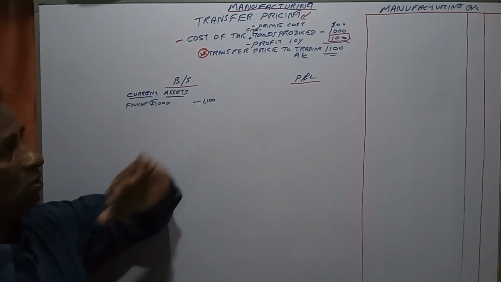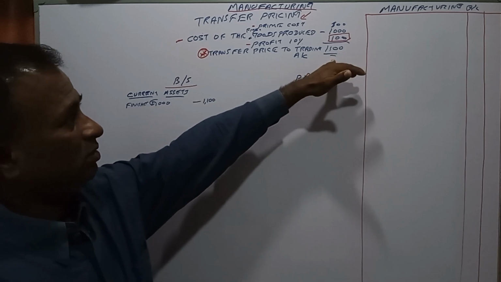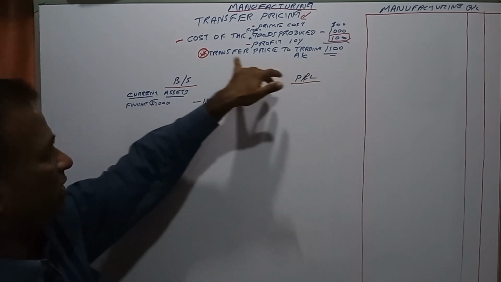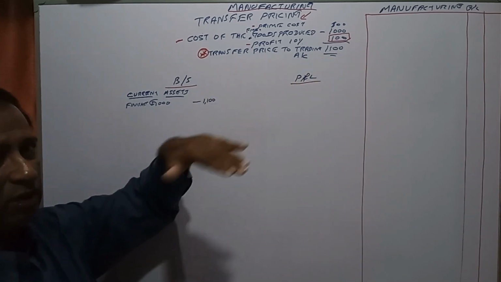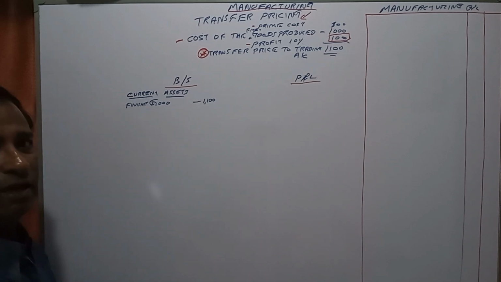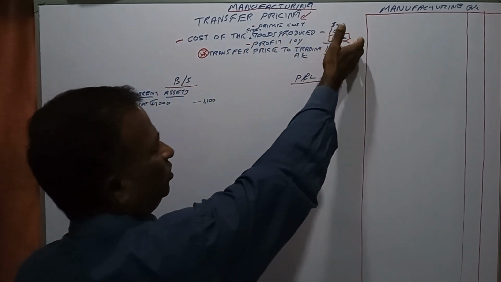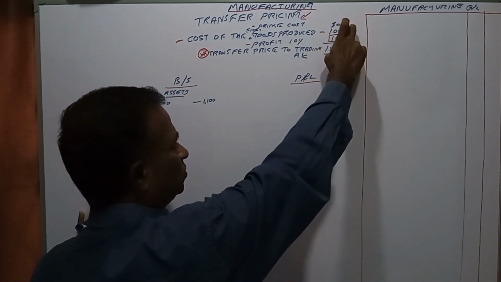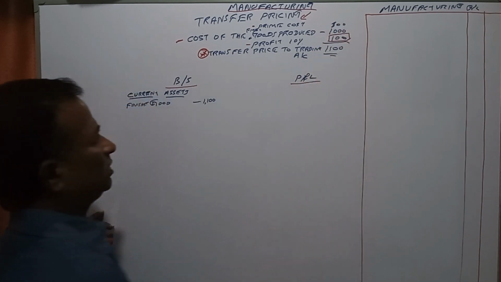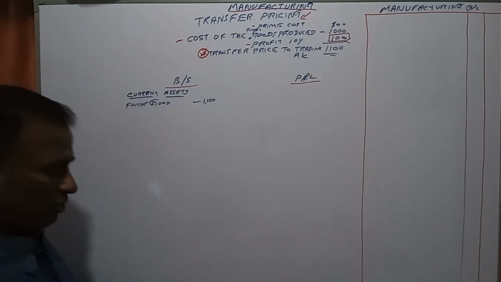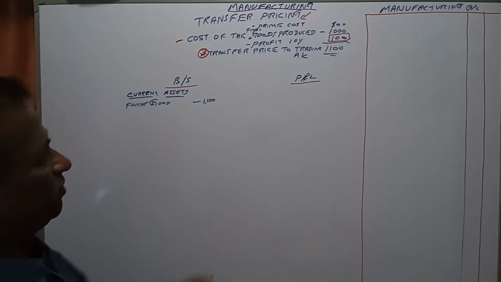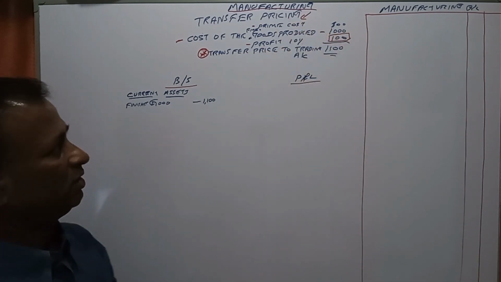It says the inventory in the balance sheet should be valued at lower of cost of the goods or net realizable value. Then we cannot show this price, we can show only this price. So 100 rupees we have to eliminate.